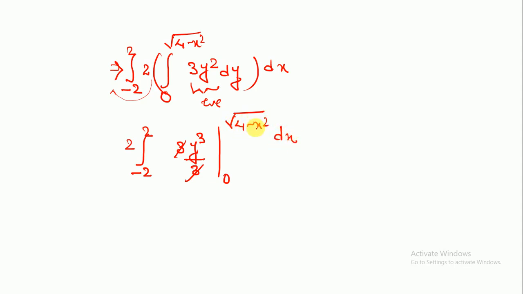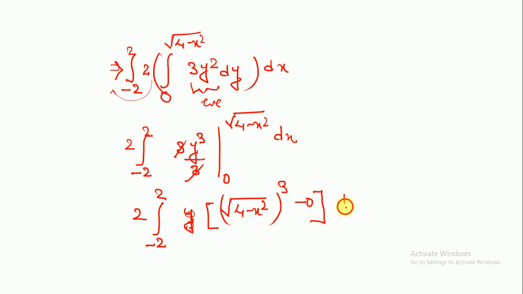Now on putting the limit values, you will get 2 integral from minus 2 to 2 of y cube, on substituting the limit, root under 4 minus x square whole cube minus 0 dx.